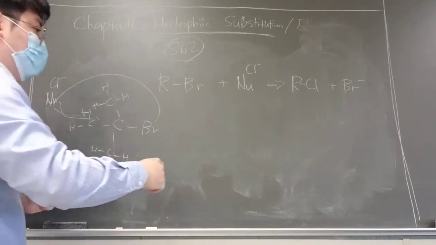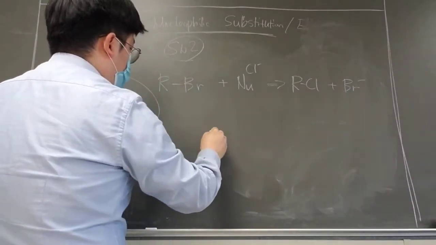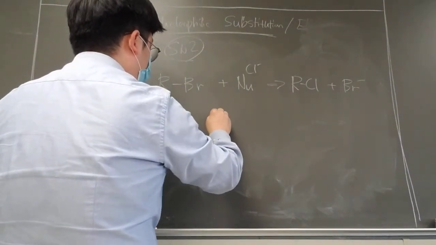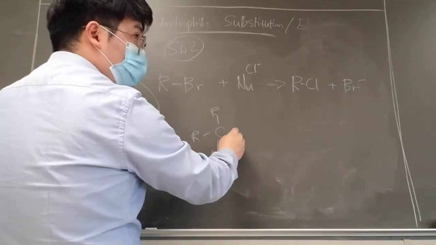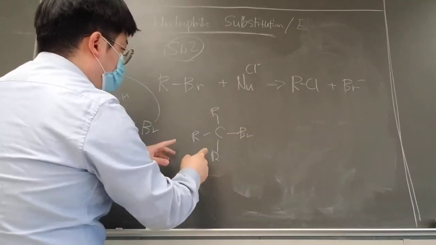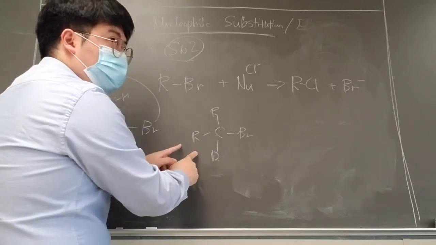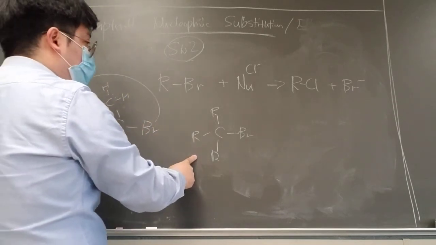Makes sense, right? So this will show you, if you have a tertiary, because you have three R groups with the halogen group, especially for bromine, this is the least reactive one with the nucleophile.